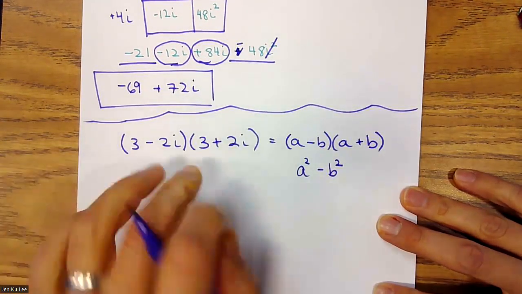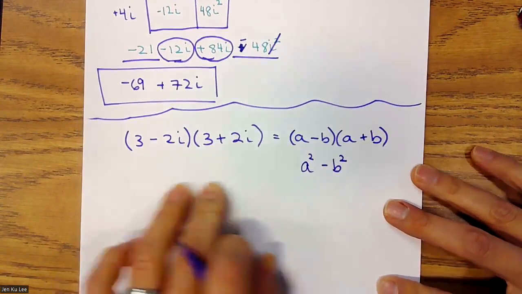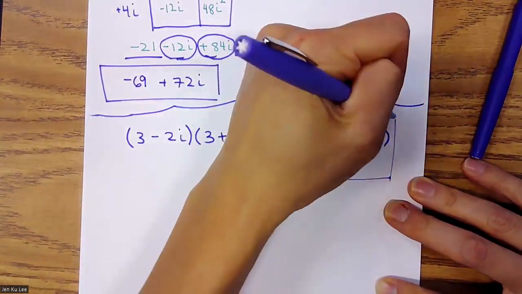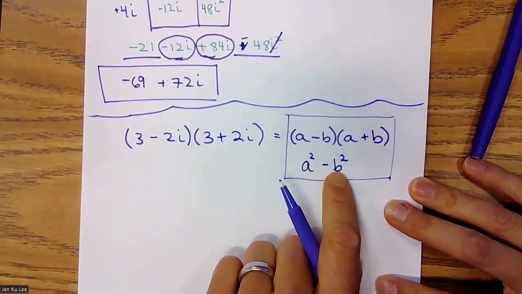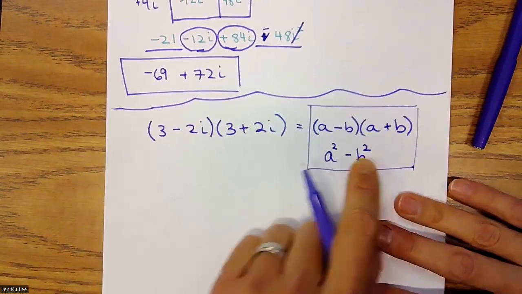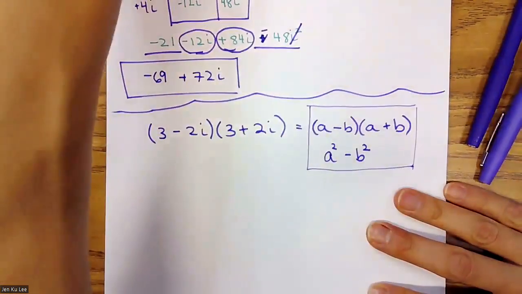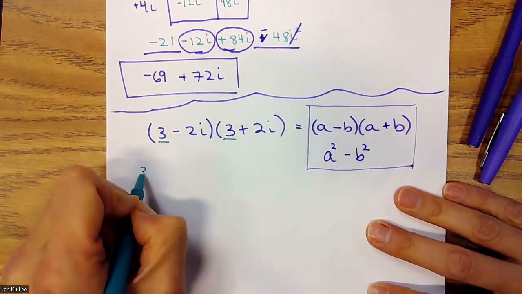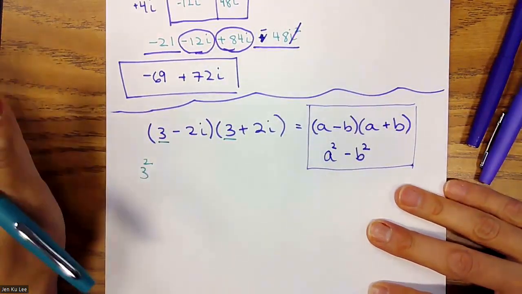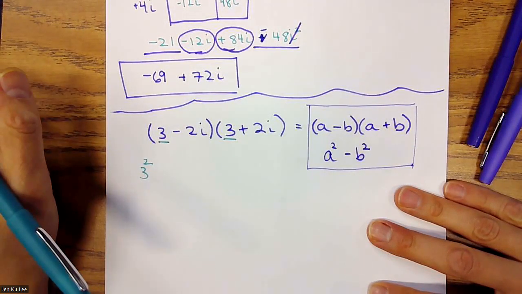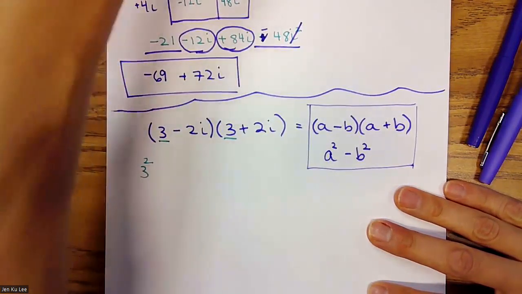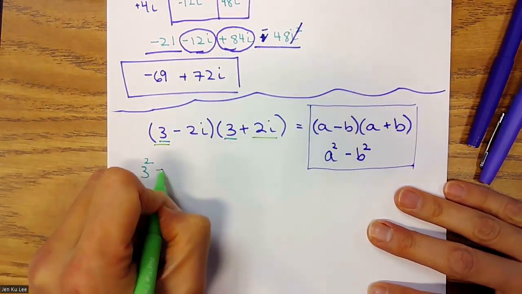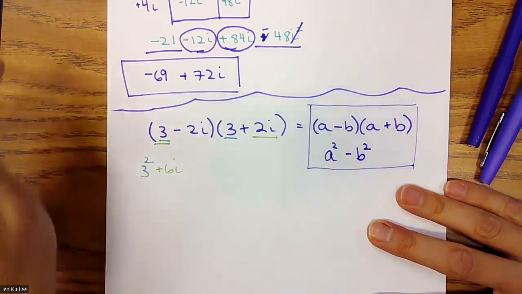And I'll show you guys why in this example. Okay? This is our special form right here. And I'll show you guys why it's a squared minus b squared by foiling this out. F in FOIL is first. So 3 times 3, that's 3 squared. I'm going to put it as 3 squared for now just to show you guys. O in FOIL is outside. So 3 times 2i, that's positive 6i.